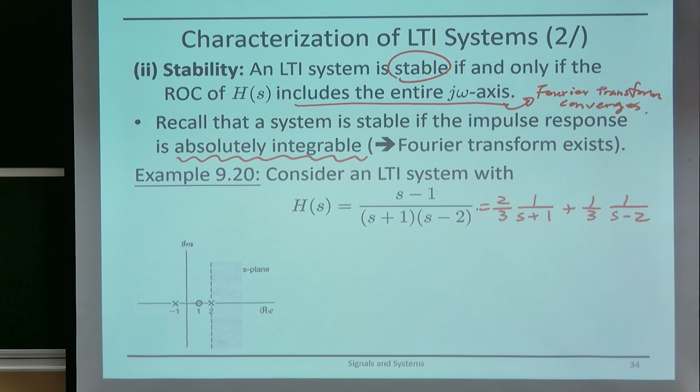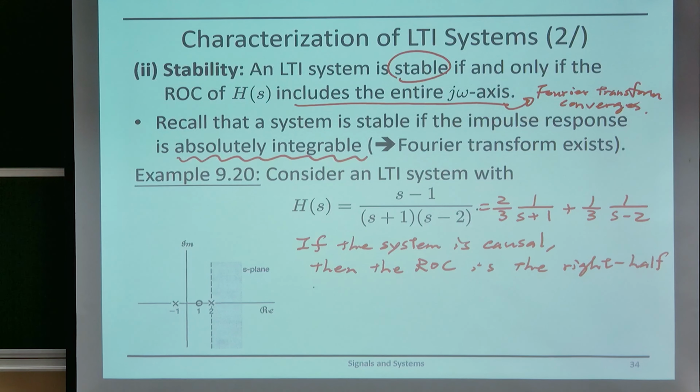So if the system is causal, then the region of convergence is the right half plane, and this should be to the right of the rightmost pole.